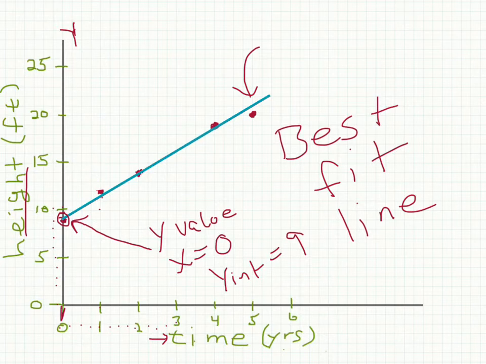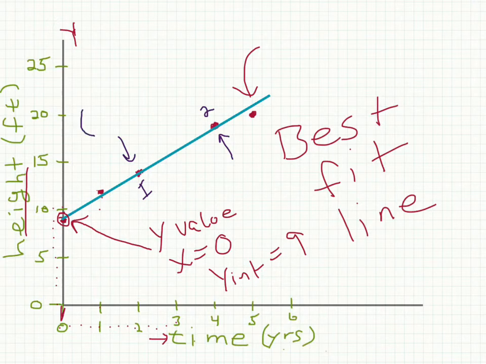On the other hand, this data point right here and this data point right here both happen to be right on our line. So we're going to use these, and I'm going to call these point 1 and point 2. And we're going to figure out what their x and y values are so that we can put them into our slope equation.